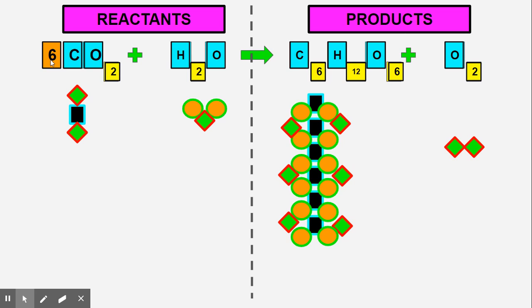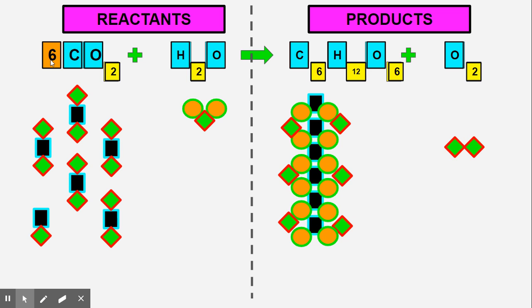Now, when I do that, I also add some oxygens into the mix, because 6 multiplies this to create 12 oxygens total. So now I have 6 carbons over here and 6 carbons over here, so my carbons are equal. Let's look at the other ones.